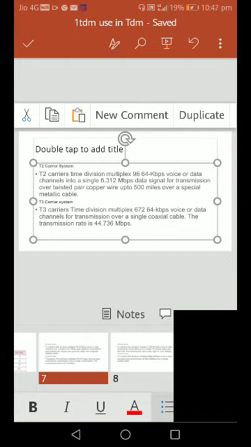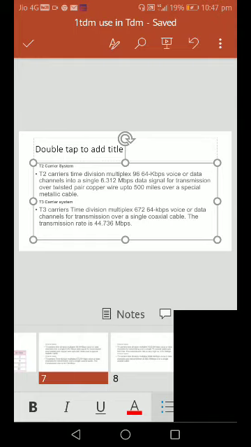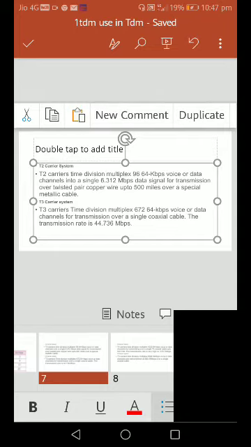The voice signals and data channels are transmitted over a single coaxial cable. The transmission rate is improved to 44.736 megabits per second. In this way, the transmissions are carried, and then we go to the next slide.